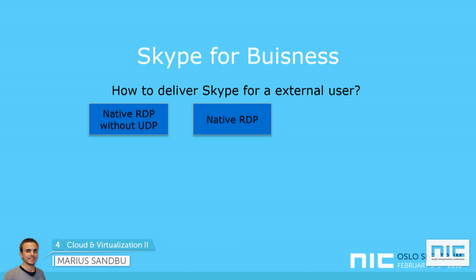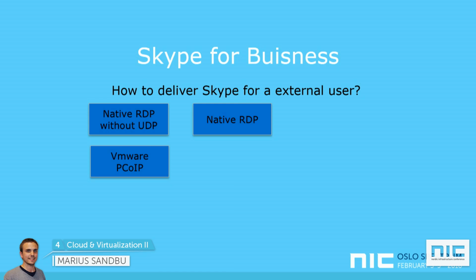On the other hand, we can use native RDP with UDP. The session host is still going to need a lot of CPU, memory and disk to compress the data, but you might get a better user experience because the audio is going over UDP, and the video as well.